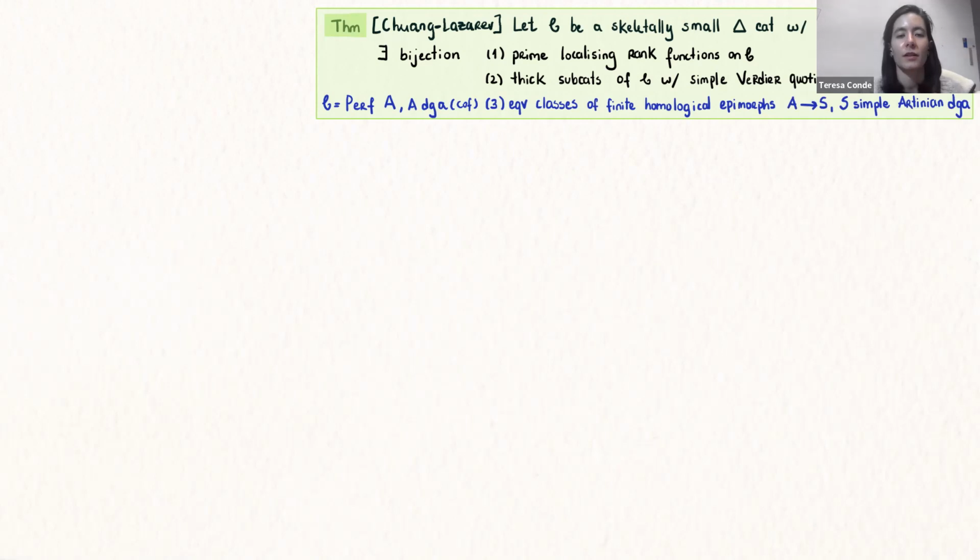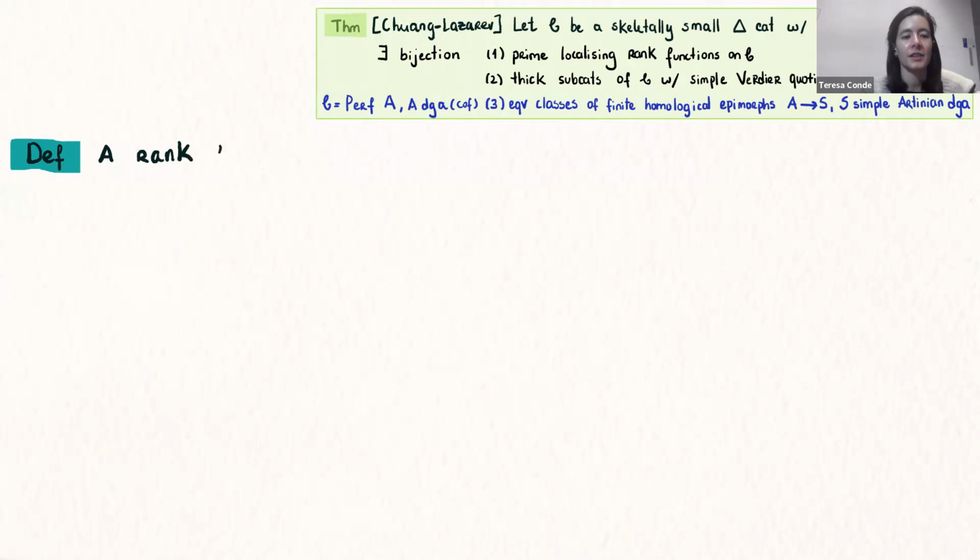In order to now go to the localization theory of the triangulated category itself, we have to restrict to more specific types of rank functions.